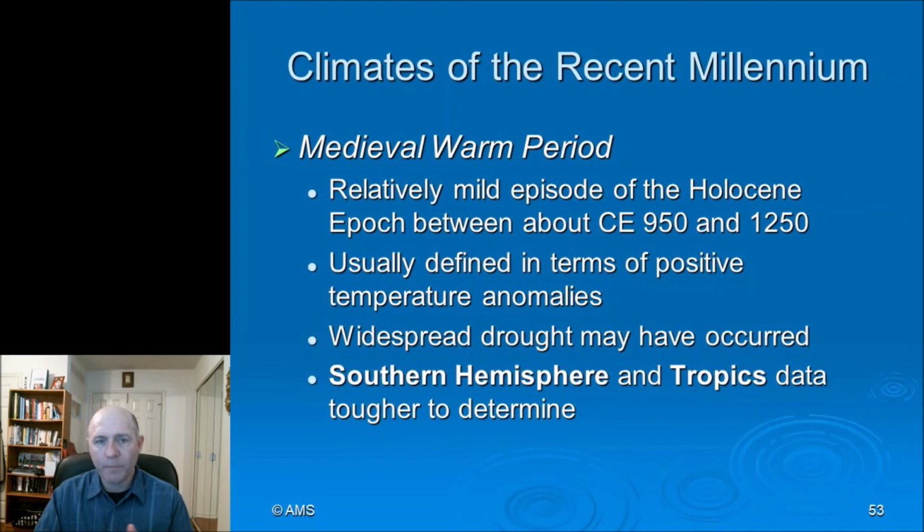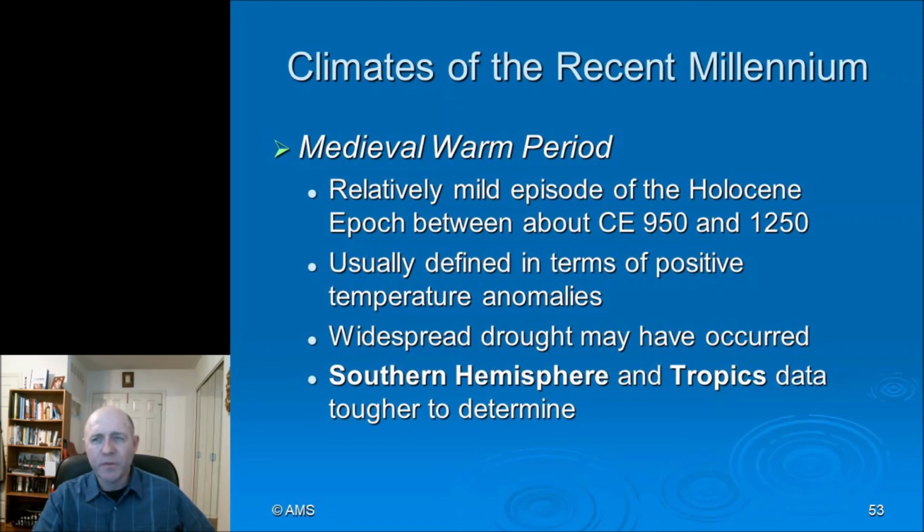So the medieval warm period is defined as this area between about 950 and 1250 AD. Positive temperature anomalies, but we also think there was a lot of drought at that point. But there aren't very good records from the southern hemisphere in the tropics. This period was very short, and we don't have good geological or proxy records for that short of a time frame in the southern hemisphere and in the tropics.